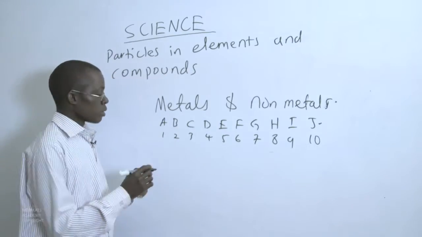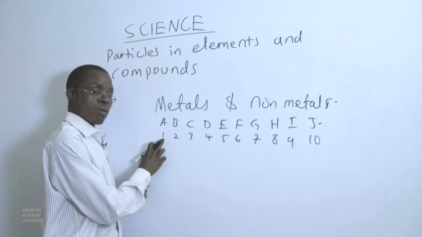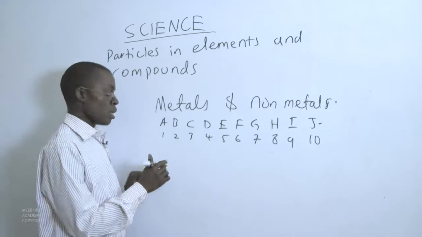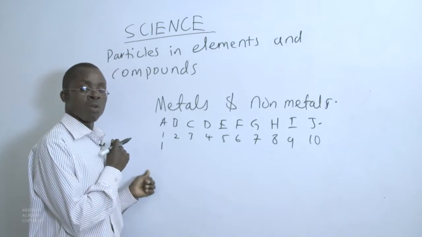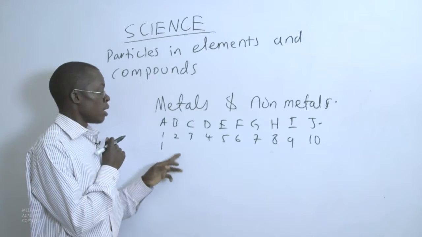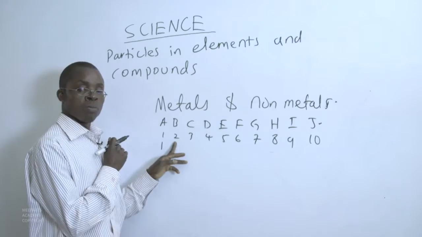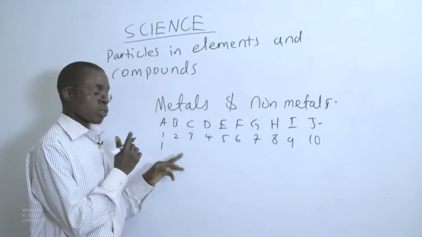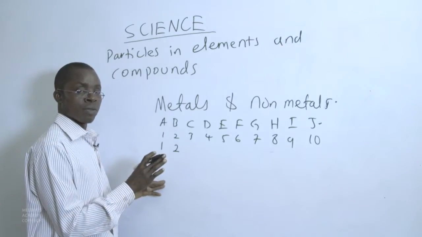For the first one, maximum is 2. It only has 1. So that's the only one that we shall have. So it will give us an electronic configuration of 1. The second one has 2. Maximum 2. So by writing 2, we have nothing left. So it remains that way.